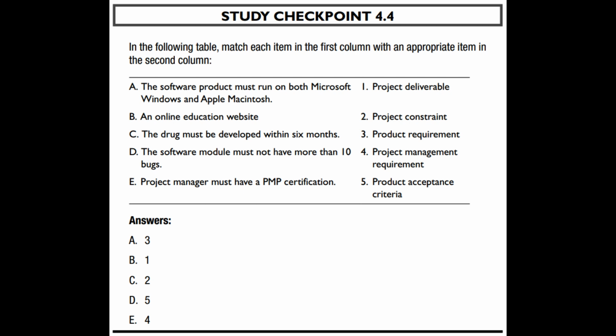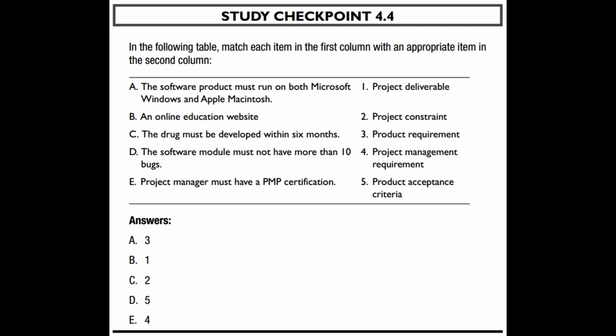Study checkpoint 4.4. In the following table, match each item in the first column with an appropriate item in the second column. A. The software product must run on both Microsoft Windows and Apple Macintosh. 1. Project deliverable. B. An online education website. 2. Project constraint.